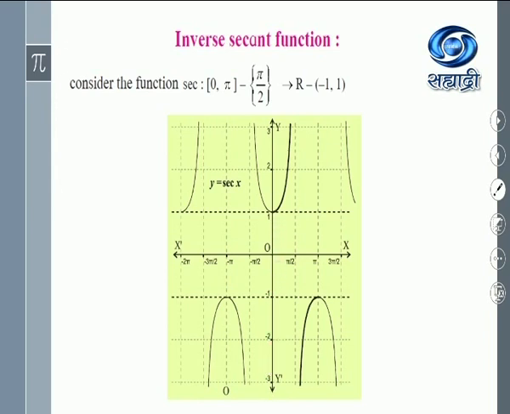At these points we don't have any part of the graph. Therefore, we exclude this part from the set of reals.